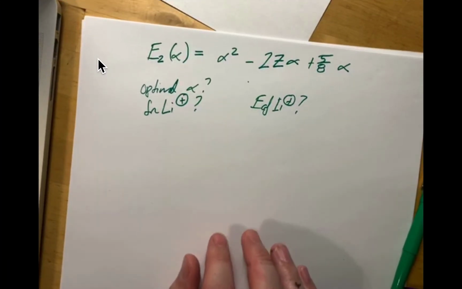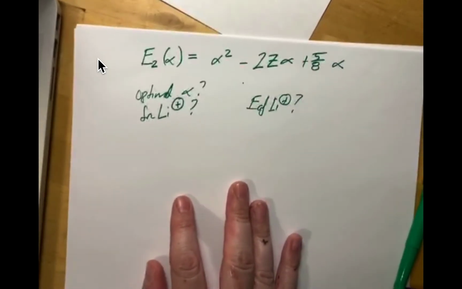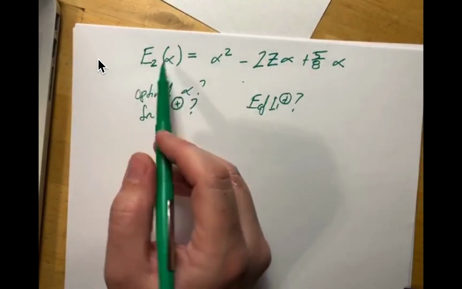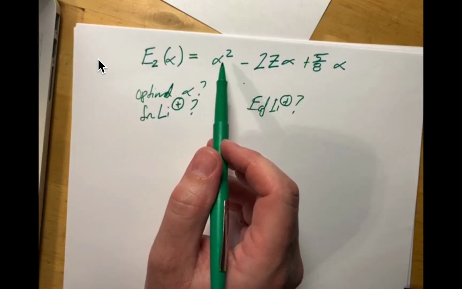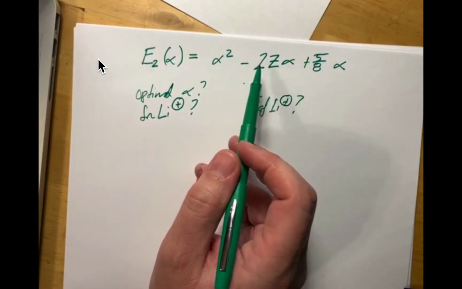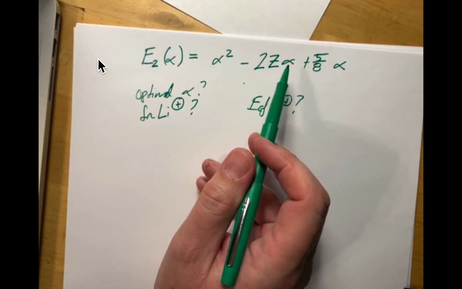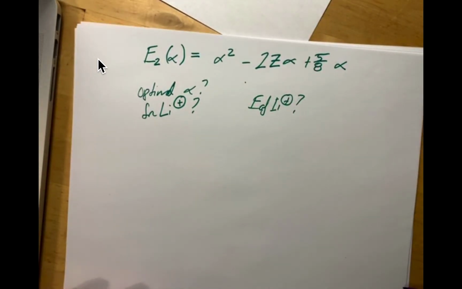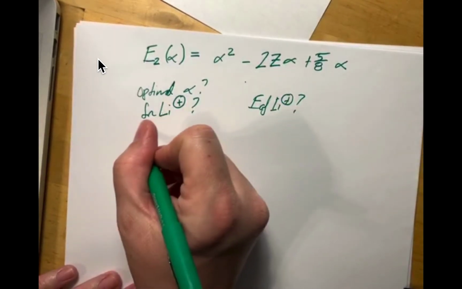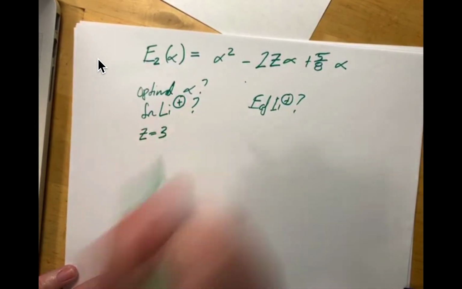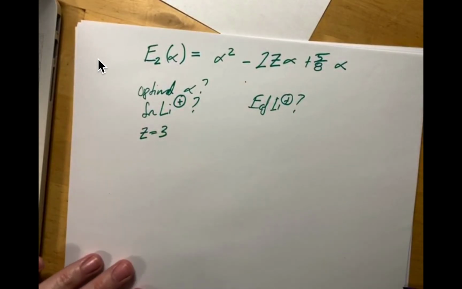All right, we'll look a little bit at the day 4 question. I had given you all the equation for a 2-electron atom or ion. So it's this alpha squared minus 2 times z times alpha plus 5/8 times alpha. The z is the atomic number, and so specifically the question was about lithium, so the atomic number is equal to 3.